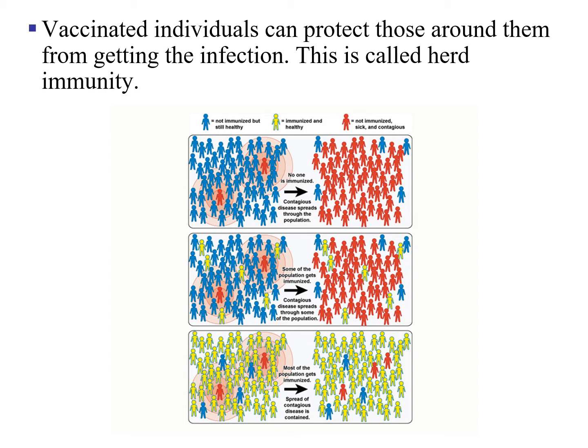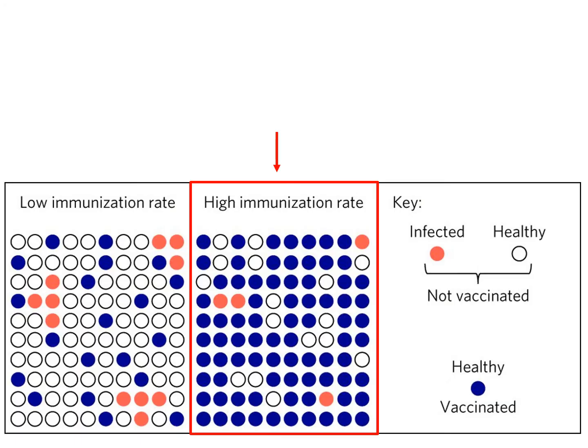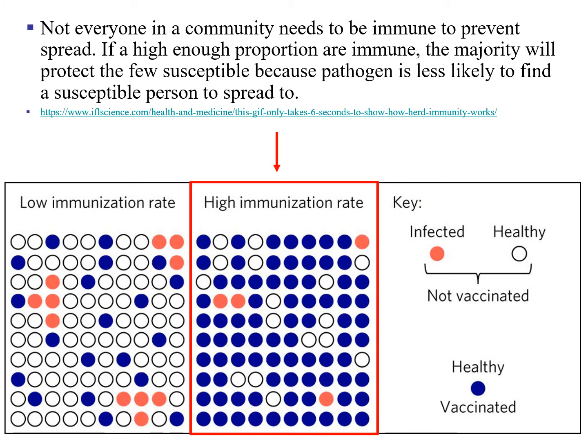Vaccinated individuals can protect those around them from getting the infection. This is referred to as herd immunity. Not everyone in a community needs to be immune to prevent the spread.